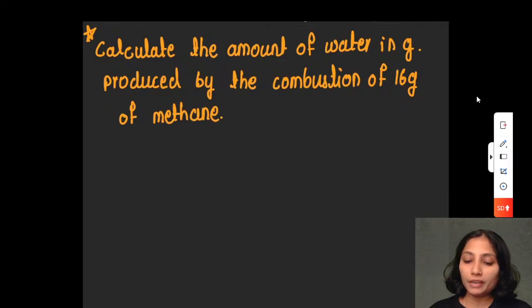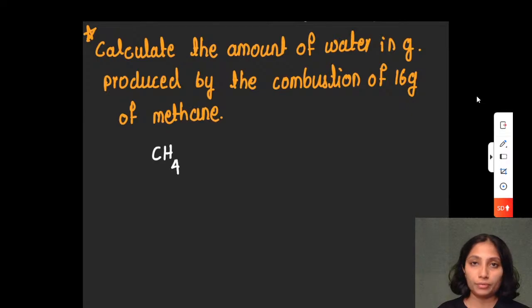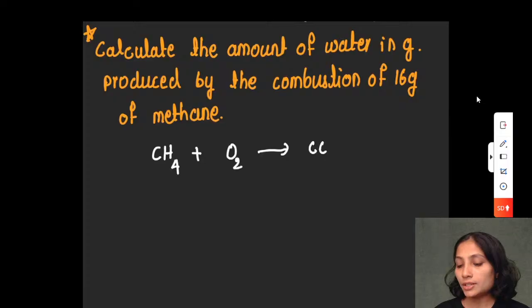Now, what is given here? Calculate the amount of water in grams produced by combustion of 16 gram of methane. Methane is undergoing combustion. What is the formula of methane? CH4. It is undergoing combustion, means it reacts with oxygen, and on combustion what products are produced?